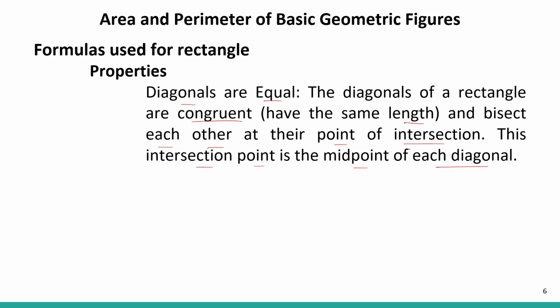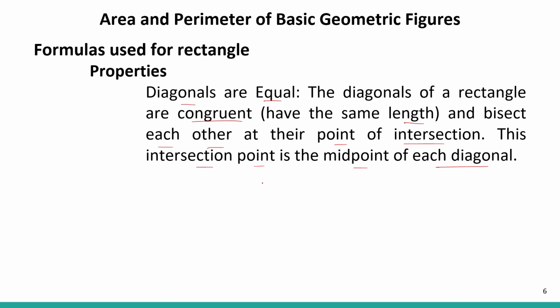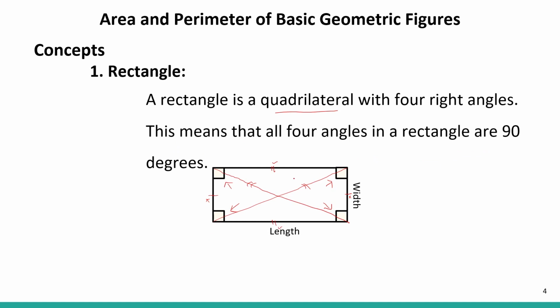The two diagonals, as you can see right here, are the same length. The diagonals of a rectangle are congruent, have the same length, and bisect each other at the point of intersection. This is the intersection point, so it is the midpoint.